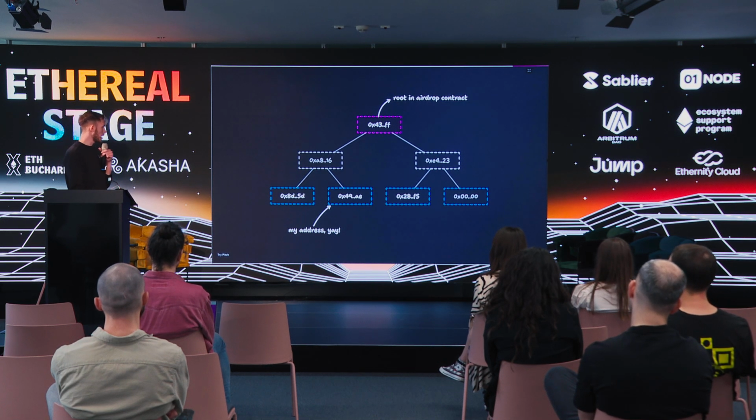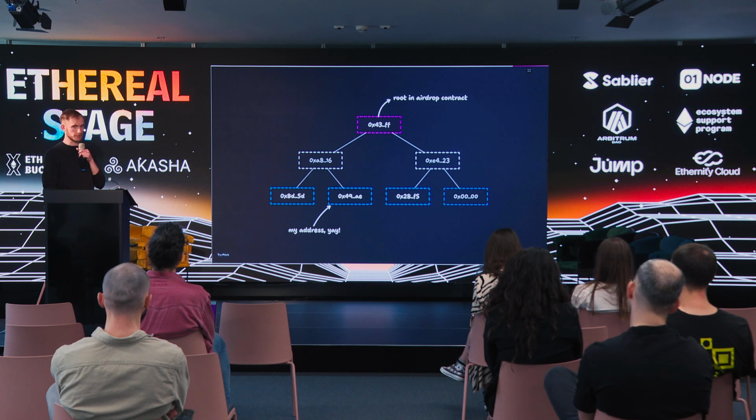The usual way for developers to do this is to build a Merkle tree on top of this list. It is a special binary tree in which all the nodes are hashed in pairs up until there is only one hash at the very top, which is called the root of this tree. And this root acts as a commitment to the whole list. It's like a checksum, and it's stored in the contract.